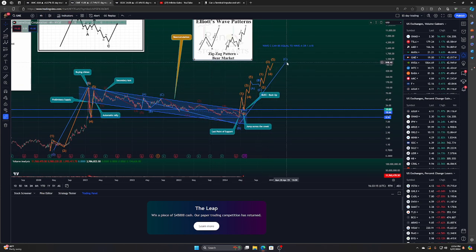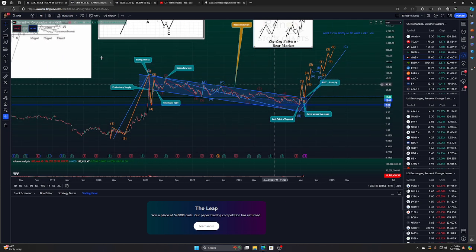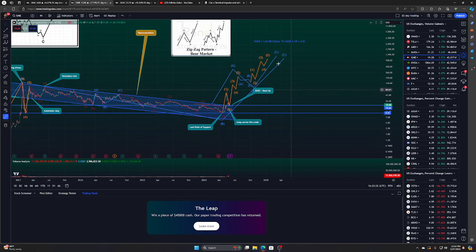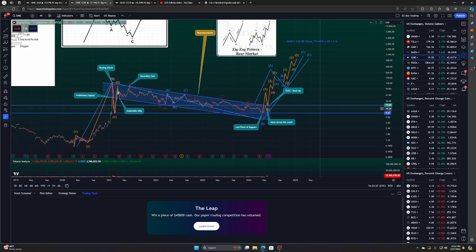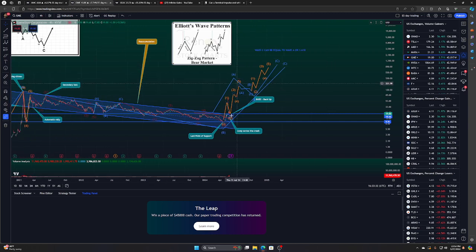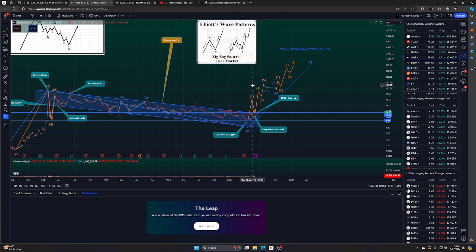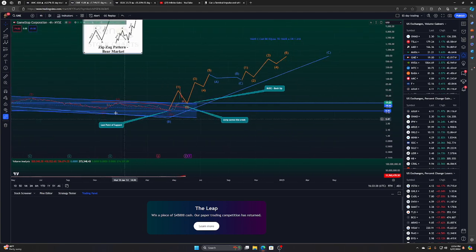And so for the C wave targets, I think that within the C wave, we're going to see another ABC pattern. We're going to see A, B, okay, yeah, that makes sense. So within this initial A wave, I think we're seeing a 5-wave move up.